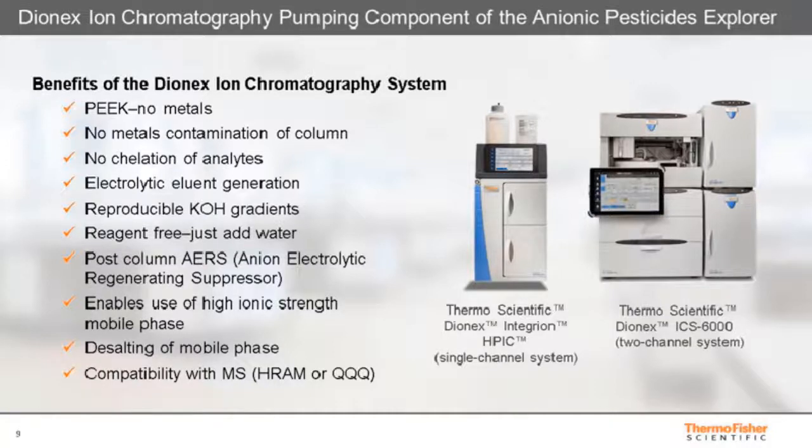Another advantage of generating gradients in situ using the eluent generator cartridge is that the gradients are extremely reproducible, so that retention times are really stable. And we spoke already about the advantages of using an electrolytic regeneration suppressor for the connection to the mass spectrometer.